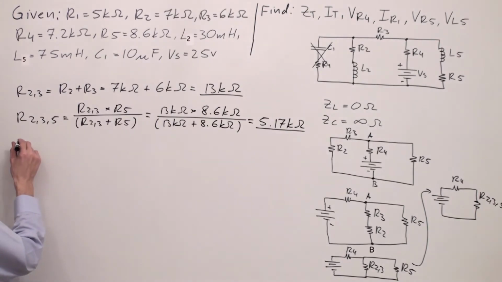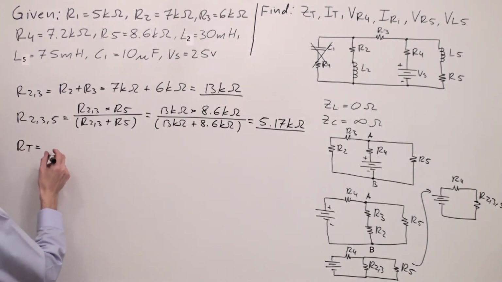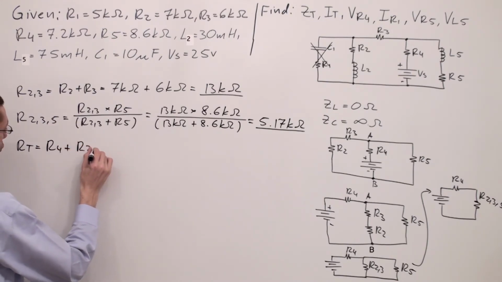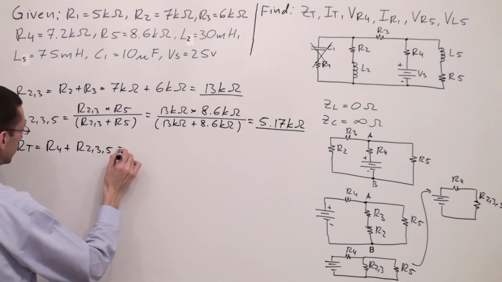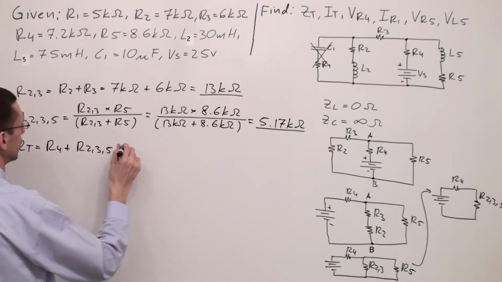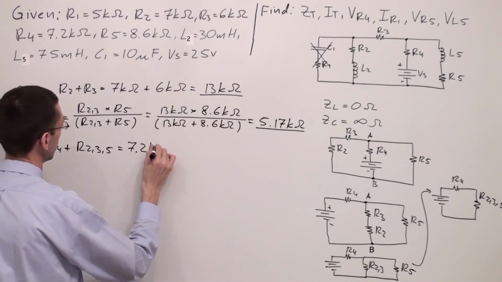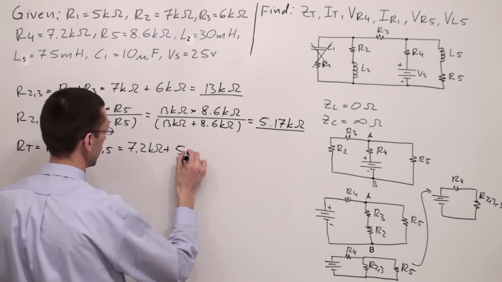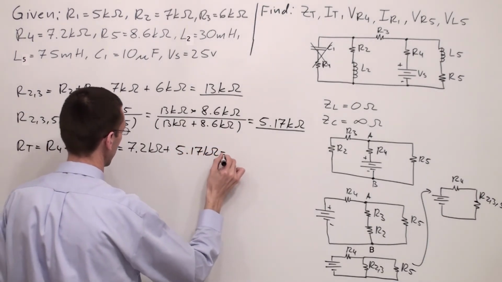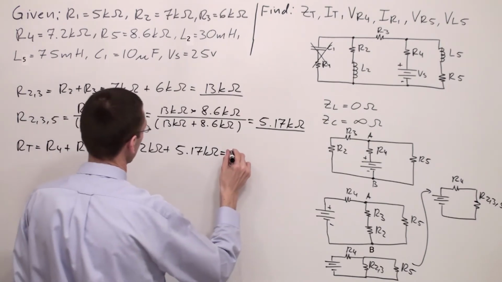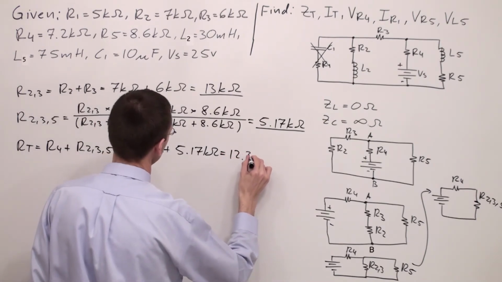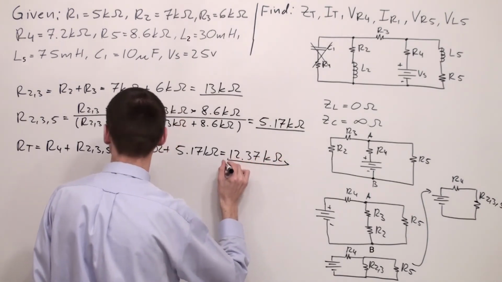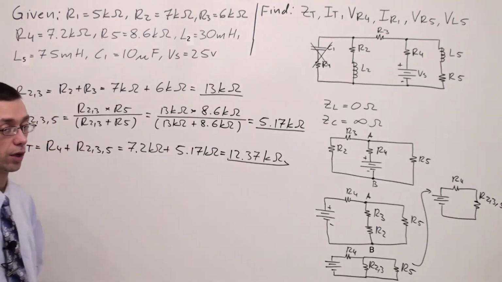So R total is equal to R4 plus R235, which is equal to R4, 7.2 kilo ohms, plus R235, which is equal to 5.17 kilo ohms, which is equal to 12.37 kilo ohms. Okay, so this is the total resistance of the circuit.